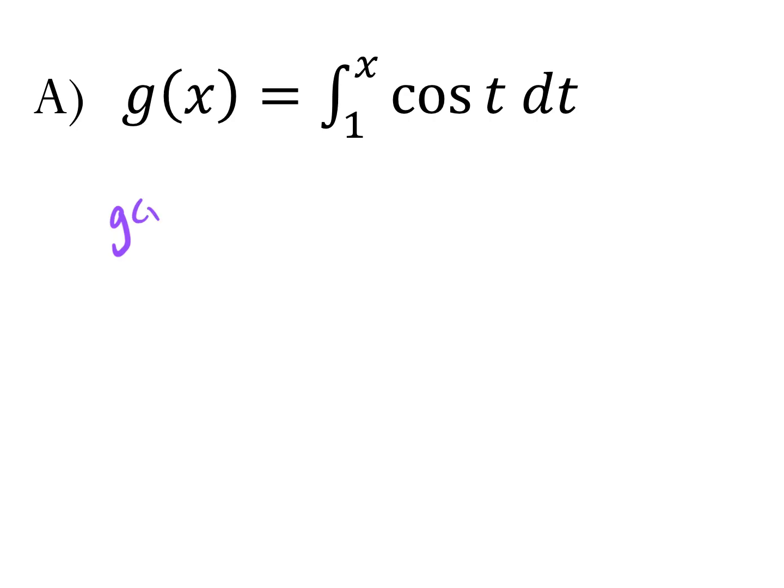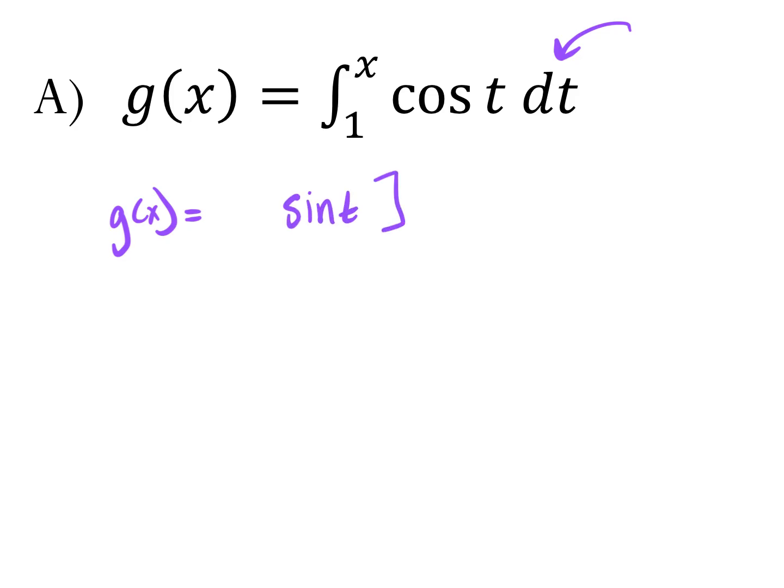So, g of x is going to be a function that is the result of integrating this right-hand side of the equal sign. Okay? So, we're integrating with respect to t, but when I do that, you guys, by the way, what is the integral of cosine t? Sine of t.